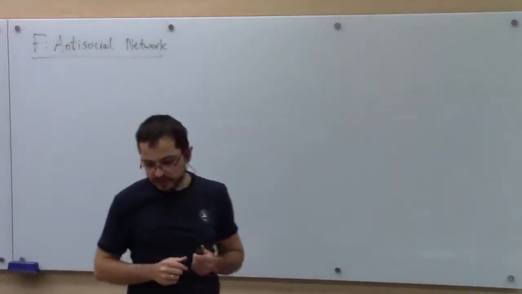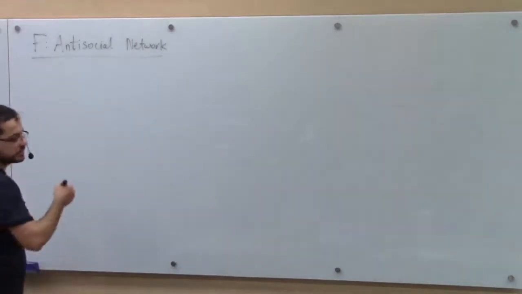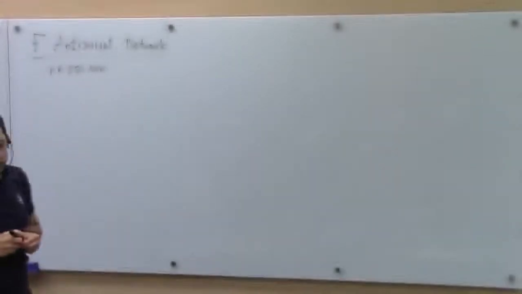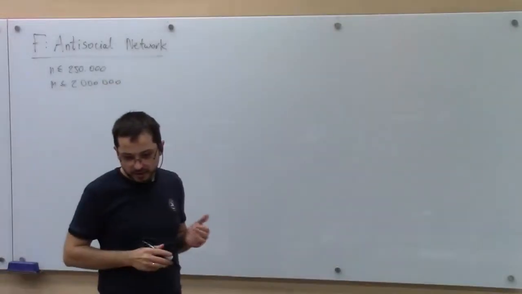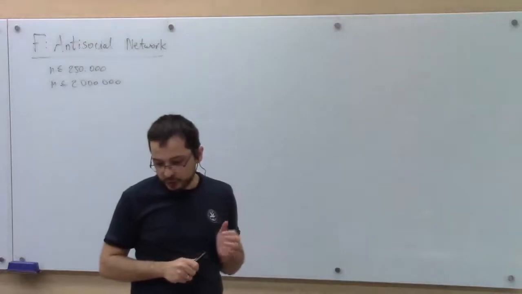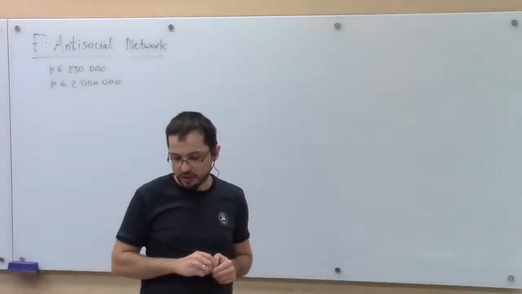In this task we had an undirected graph. It has around 1 million vertices and around 1 million edges, so a normal sized graph, and we had many operations of one kind.